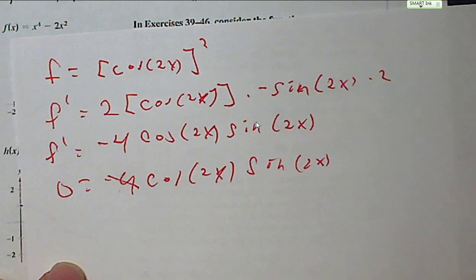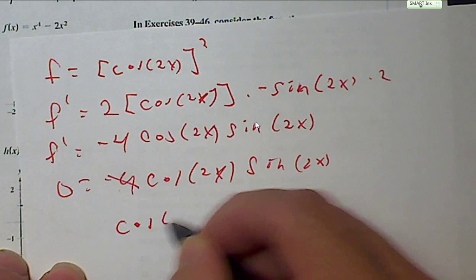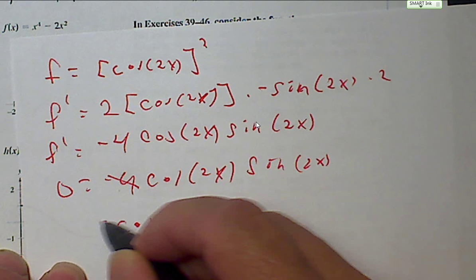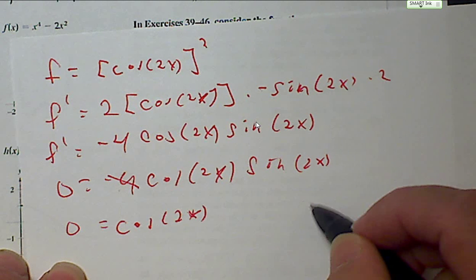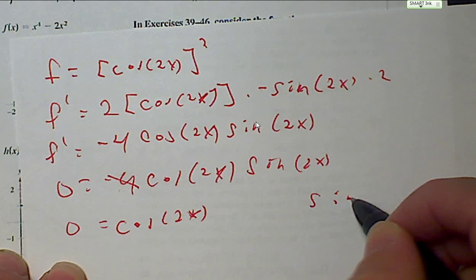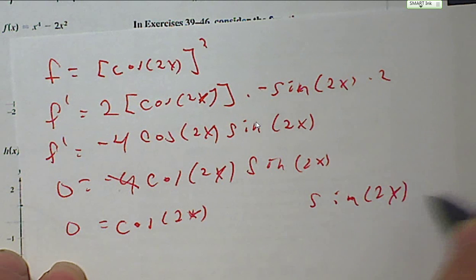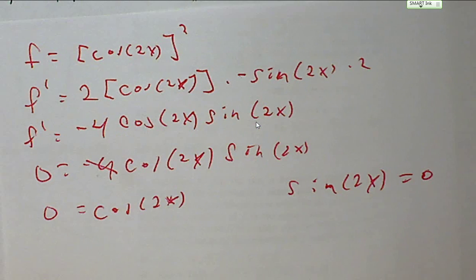So the question I'm asking is, when does cosine of 2x equal 0, and when does sine of 2x equal 0? Okay. So as I look at my unit circle, what values have a cosine of 0?